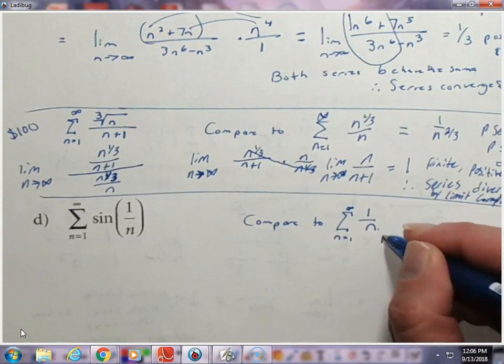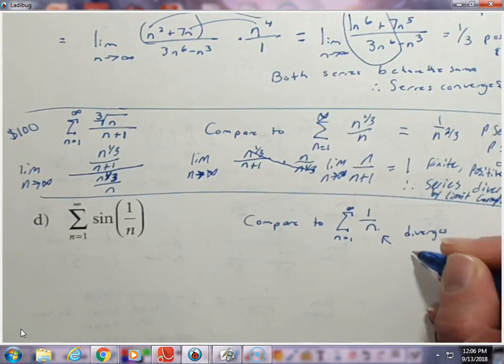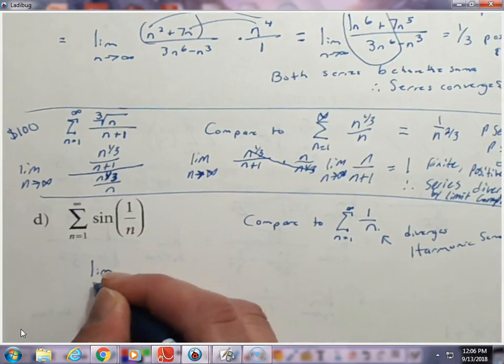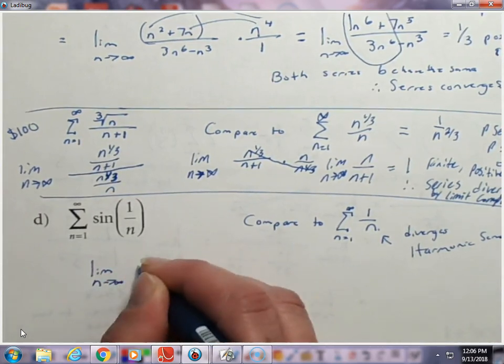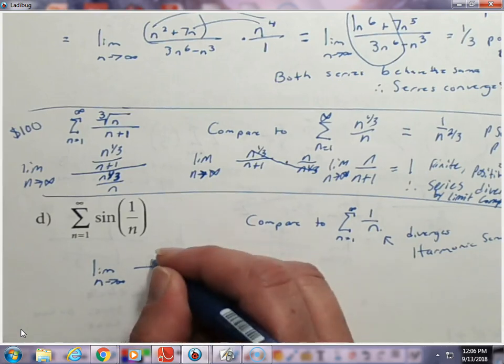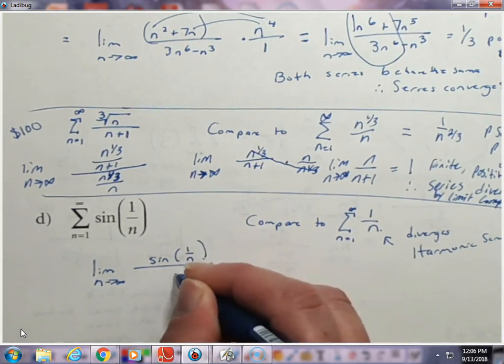What does this guy do? Diverges. I'm just going to say harmonic series. It's just something that I know how it behaves, and I'm going to compare it to it and see if I can get a limit. Because if I can, I can find the answer. So I'm going to do my sequence divided by the sequence I'm comparing to.